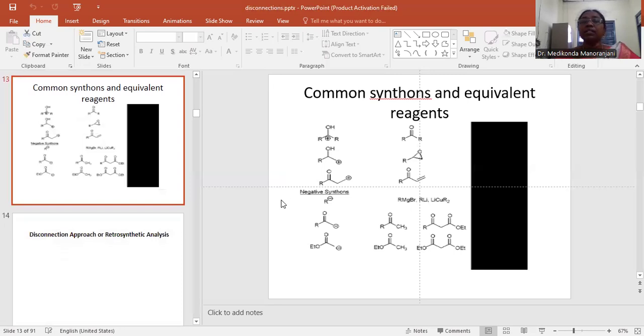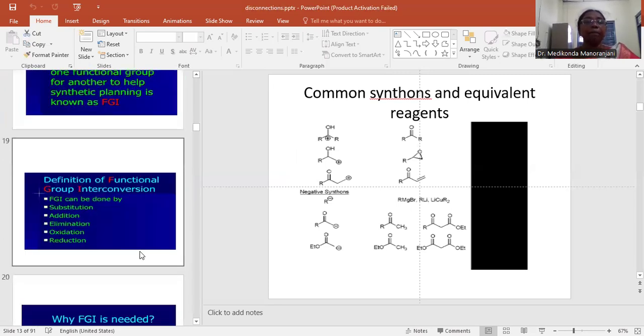Then let us see the common synthons and equivalent reagents. We have the list of the common synthons. Some have a positive charge and some have a negative charge. So positively charged cations and negatively charged anions are both listed in the given slide.